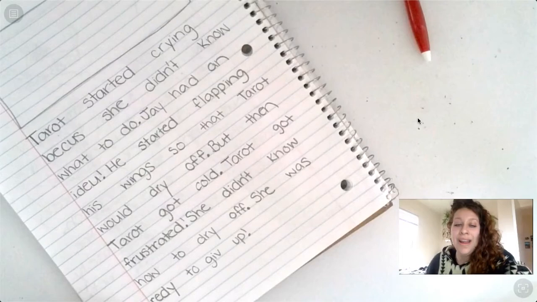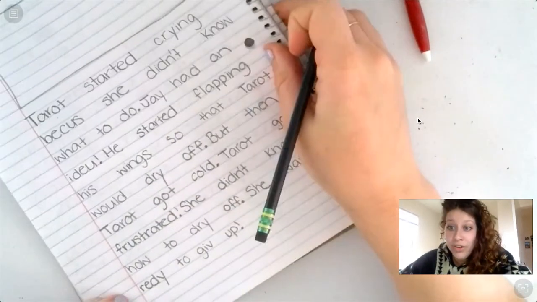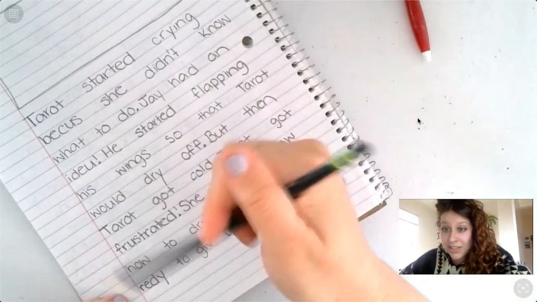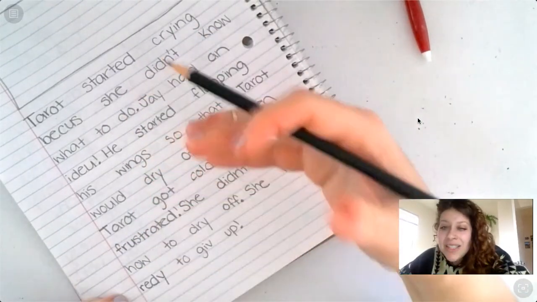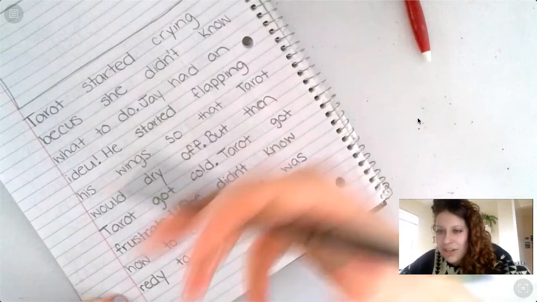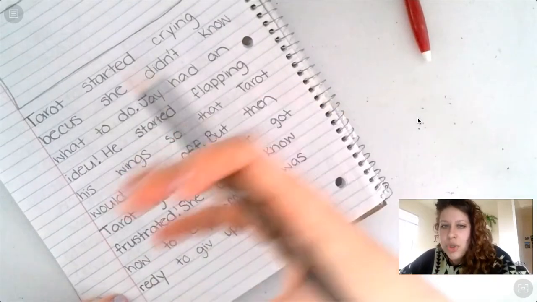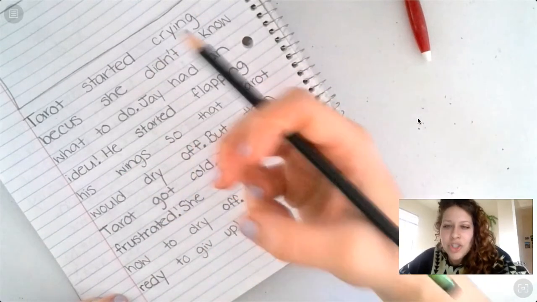She was ready to go. This is a good middle of my story because the problem's still happening. We're trying to solve the problem, but it's still going on. I'm juicing it up. I'm making my story more interesting.